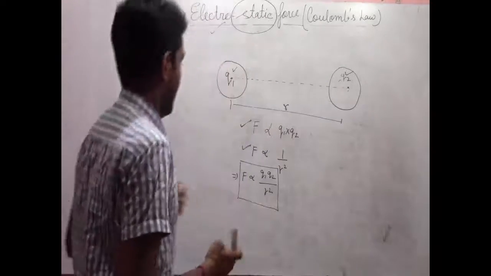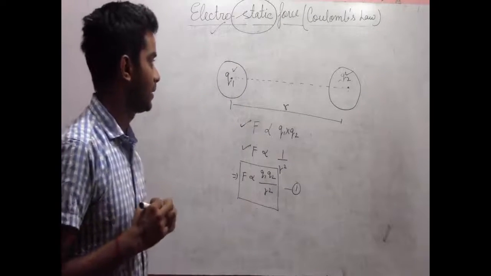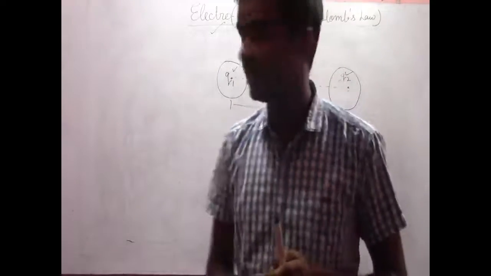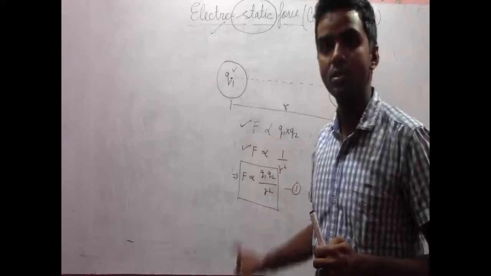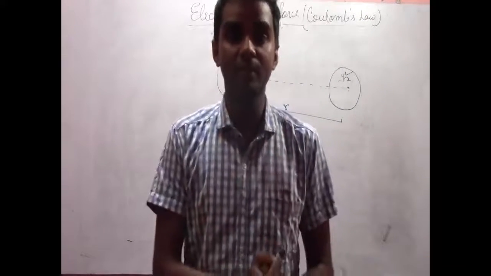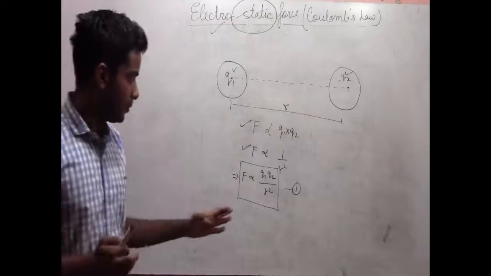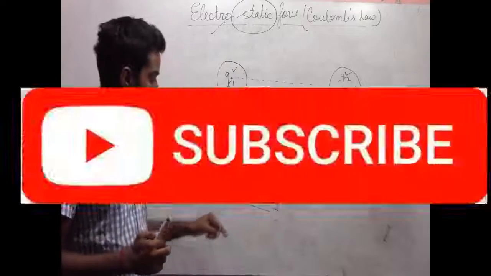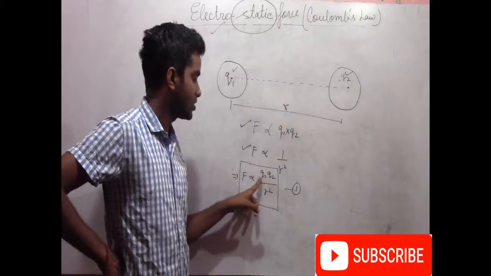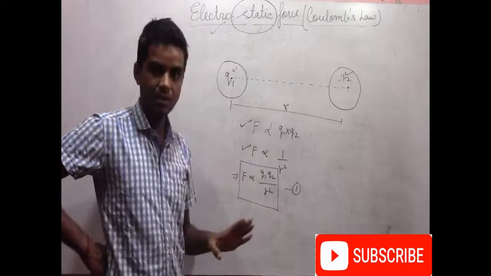Now, if I ask you on which factors this electrostatic force depends, from this one you may see that the electrostatic force depends on the multiplication of charges, or you may say the magnitude of charges.